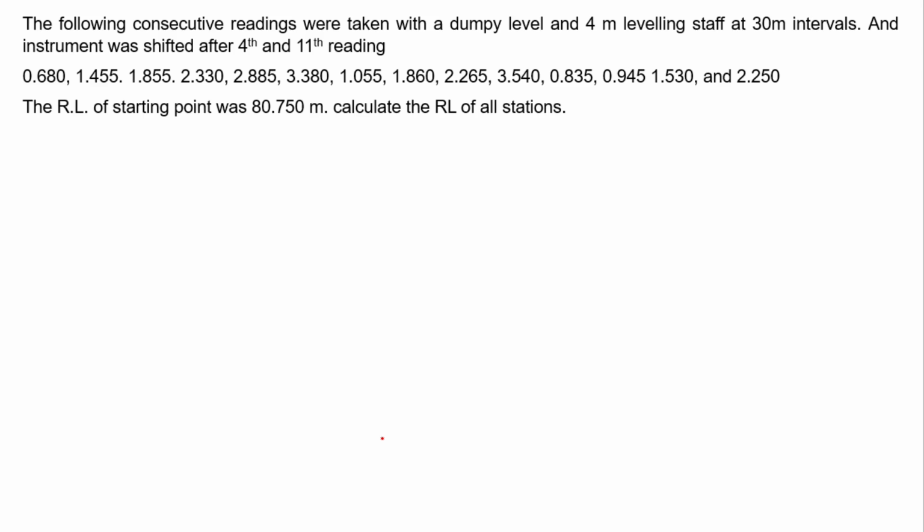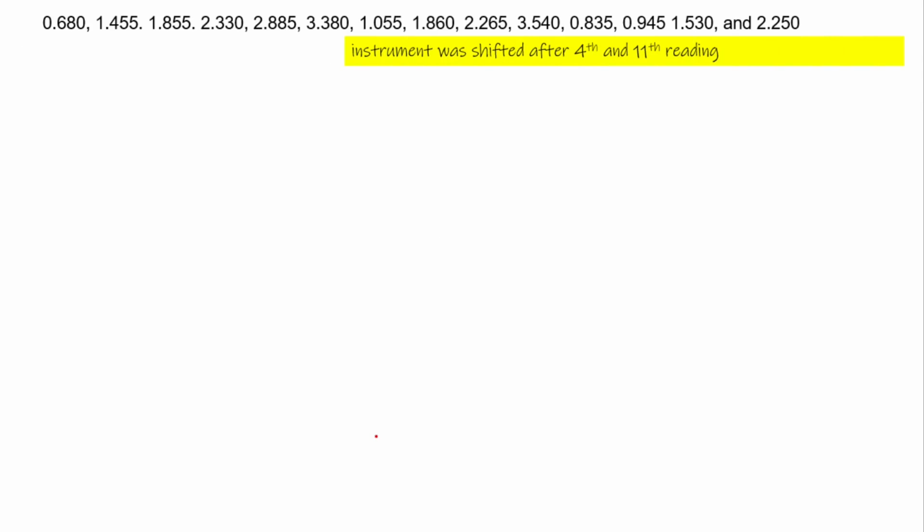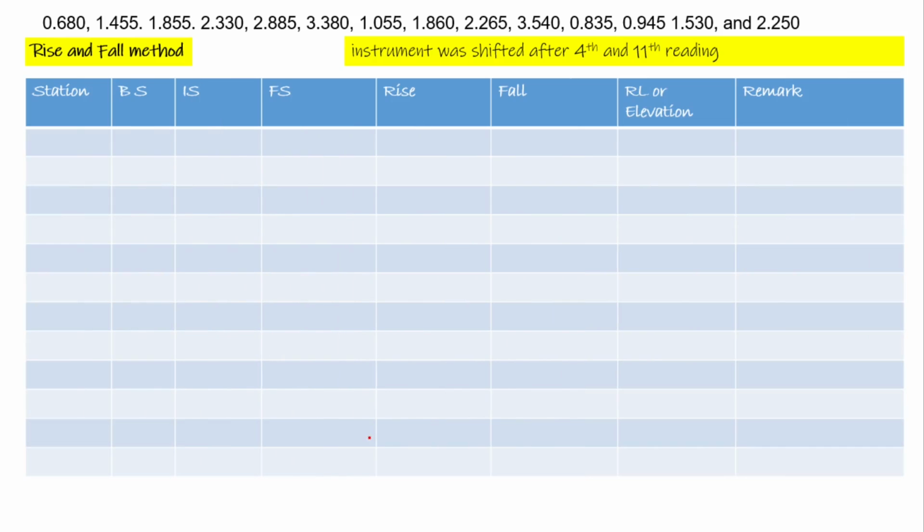Now the second method is the rise and fall method. Again, the first problem is there. We are going to solve this problem using the rise and fall method. These are your readings, and the fourth and 11th points are your change points. Again, we will draw a table.